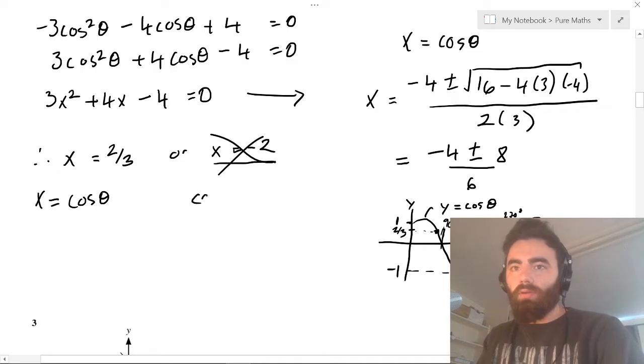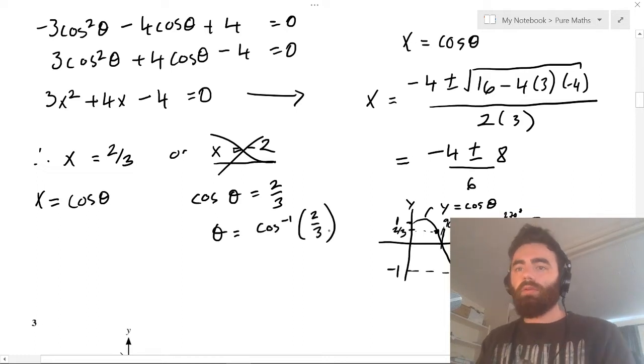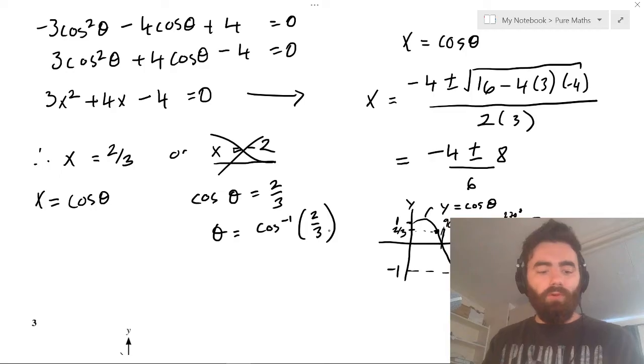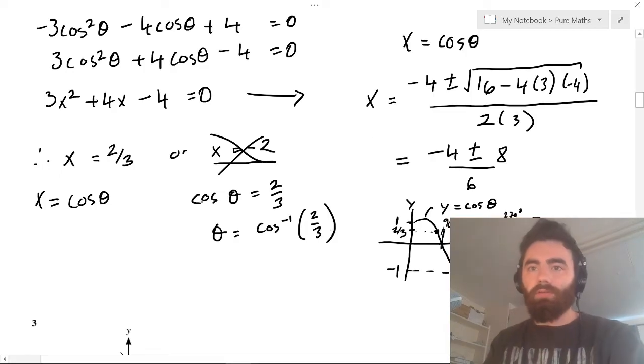So we say cos theta equals 2/3. So we can find our theta. We just plug that into our calculator. So I get 48.2 degrees.